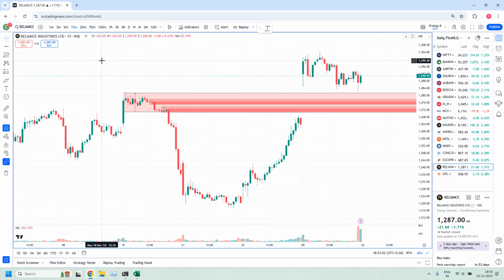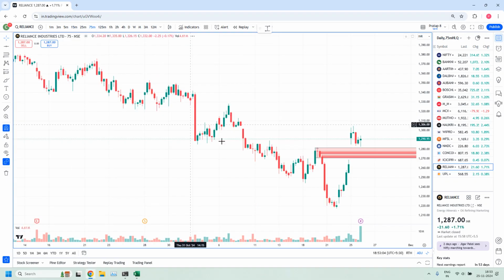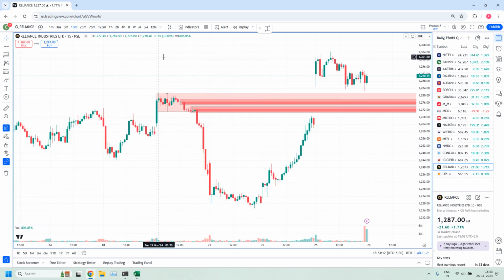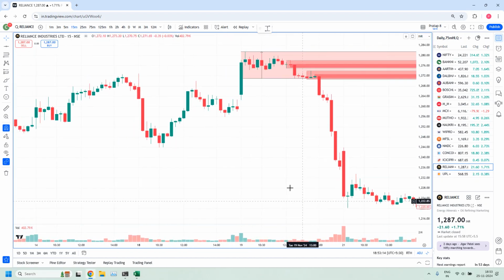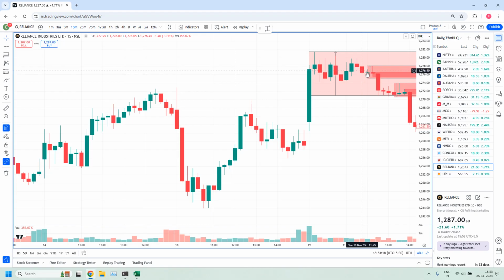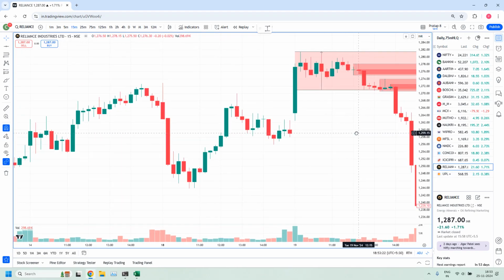Look into it. First of all, this is a 75-minute zone: rally, base, drop and follow through candle. And it has two 15-minute zones. See here, we have a drop, two base candles and drop. And again you have a drop, 1, 2, 3, 4, 5 base candles and drop.